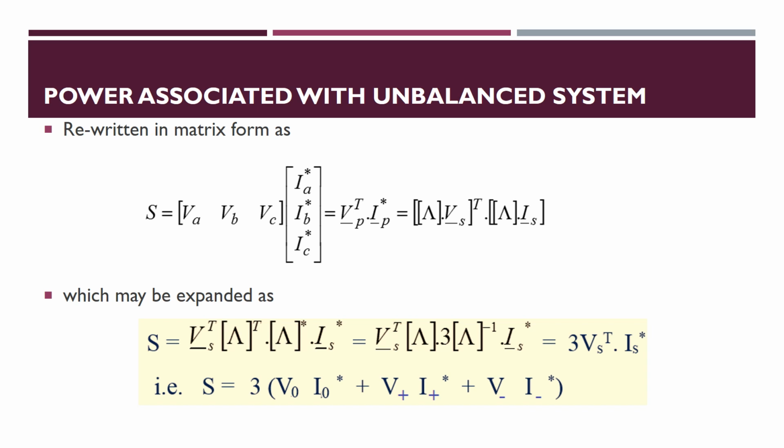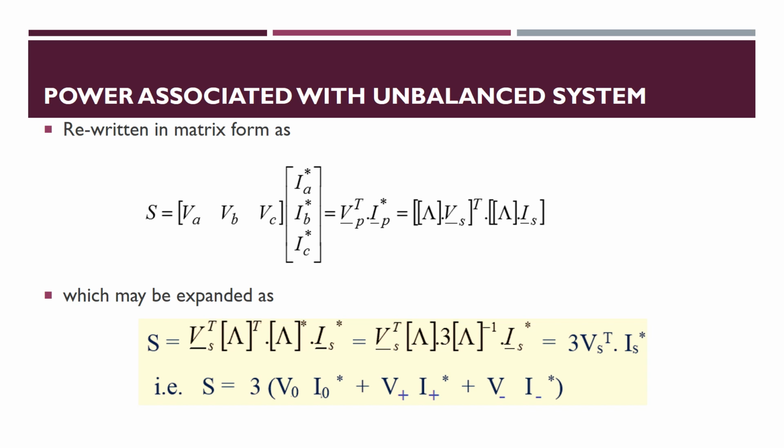Here you can substitute VP as A into VS, and similarly IP as A into IS. If you do so, you can end up with this equation, V S transpose, A transpose, A conjugate, and I S. If you take the transpose, VS comes in front and A transpose comes behind. That is how the transpose works.